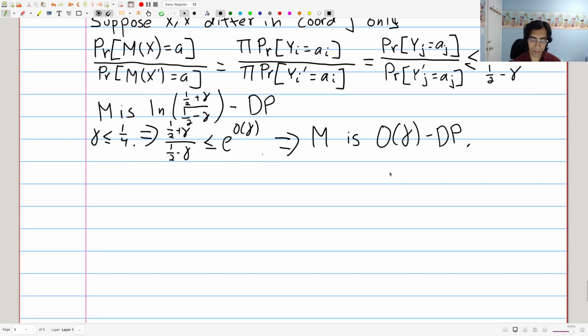Okay, so let's recap what we have shown here. Let's substitute an epsilon. Epsilon randomized response is epsilon differentially private.